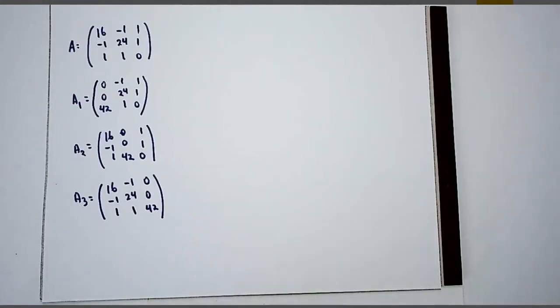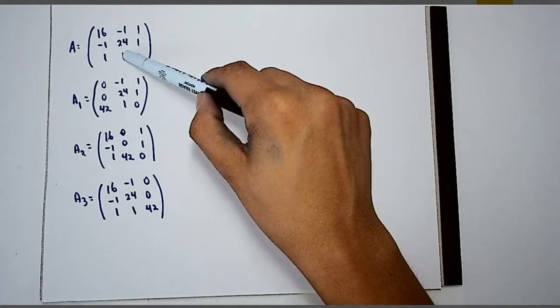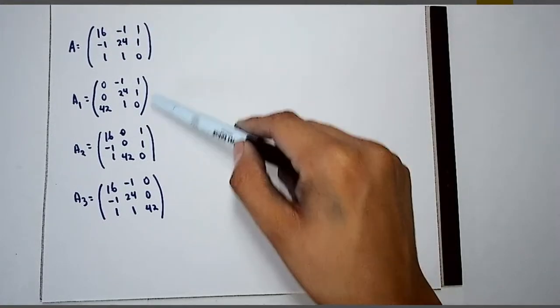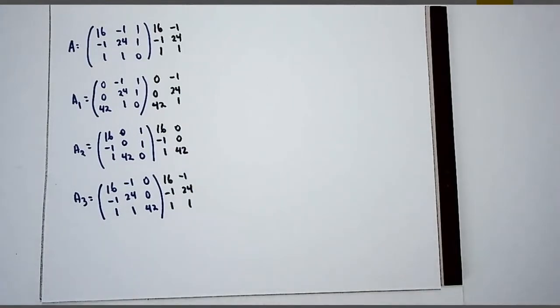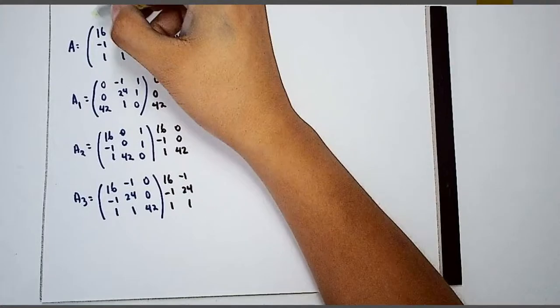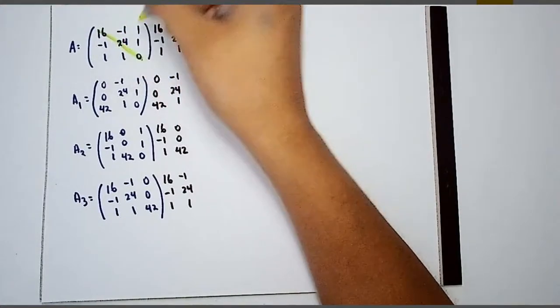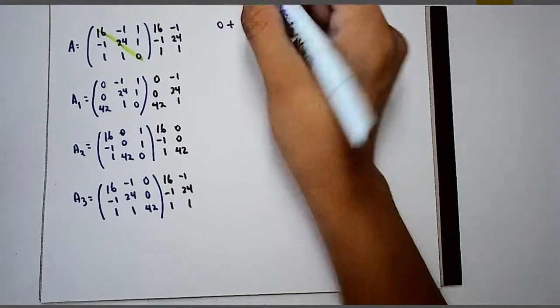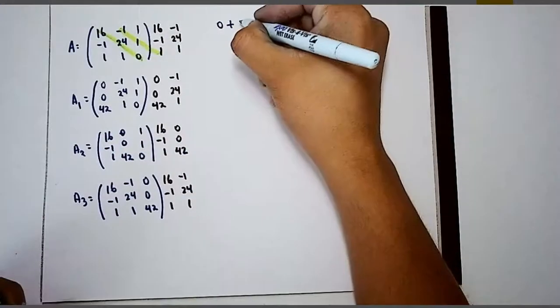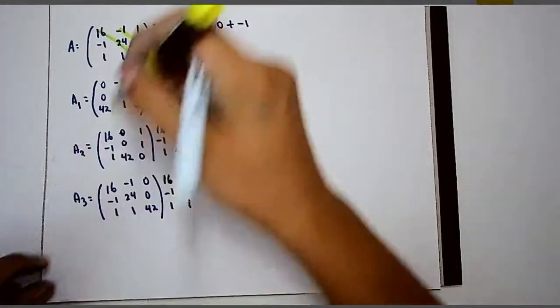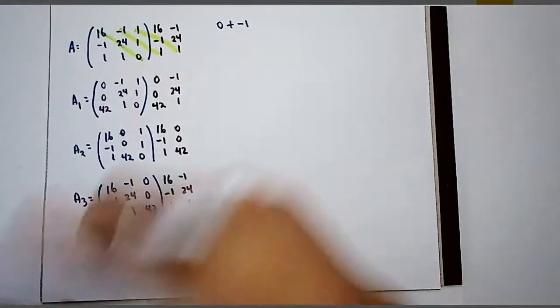To obtain the determinants of each of these four matrices, first we need to copy the first two columns to the right hand side of each of the matrices. So let's do that. Let's start with the multiplications of the main diagonals. So this is 0 plus negative 1 and also negative 1.